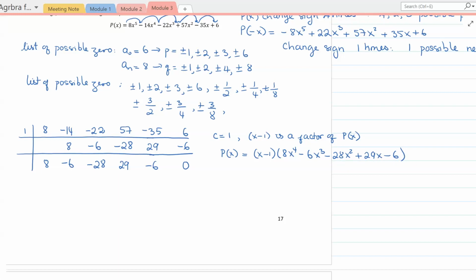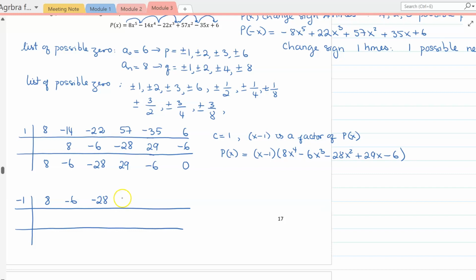The next one that we try is x equal negative 1. We will try this on the smaller polynomial: 8, negative 6, negative 28, 29, negative 6. So negative 1 doesn't work in this case.